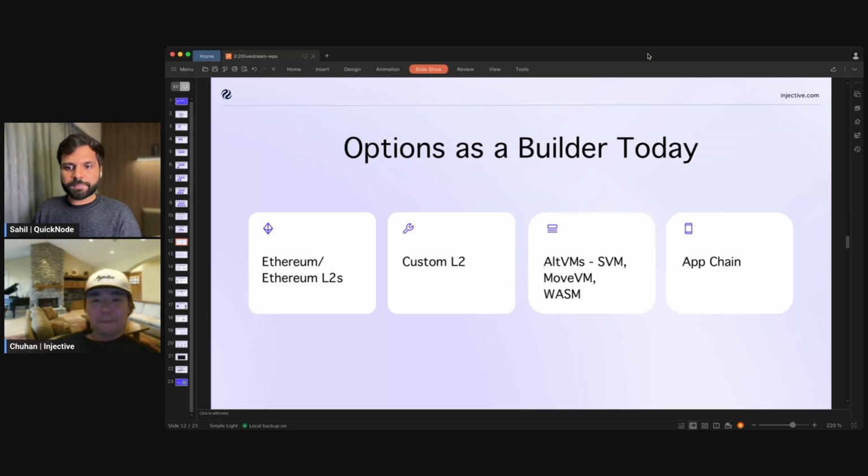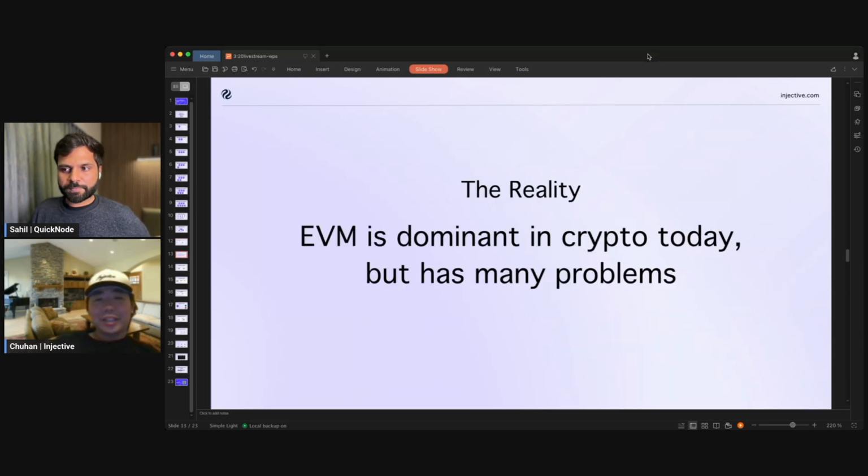But the reality is that EVM is currently dominant in crypto, especially on the developer side. There are so many Ethereum-themed hackathons and hacker houses. Even myself, when I first got in touch with Web3, the language I learned was Solidity.